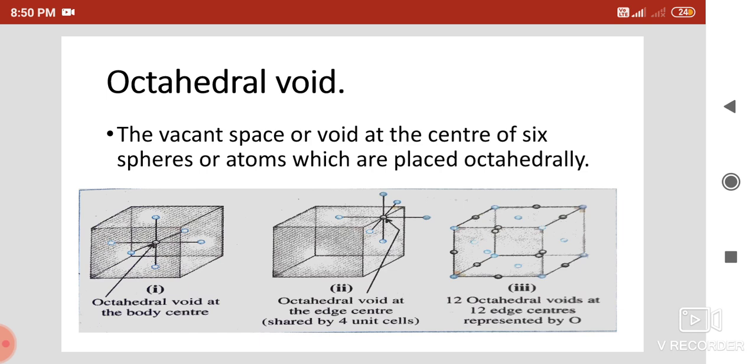That vacant space is called an octahedral void. To define it again: the vacant space or void at the center of 6 spheres or atoms placed octahedrally is called an octahedral void.